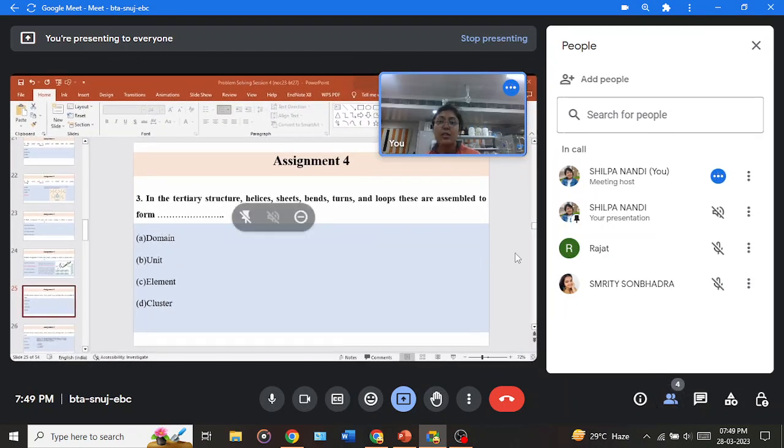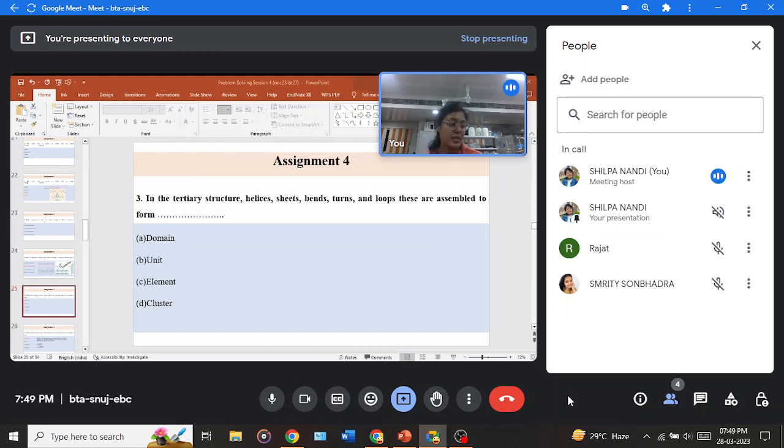So you have to answer, in case of a tertiary structure, when helices, sheets, bends, turns and loops assemble together, what do they form? These have a particular name.